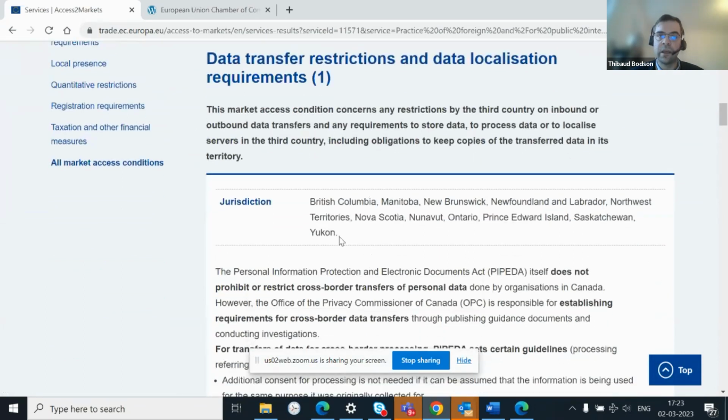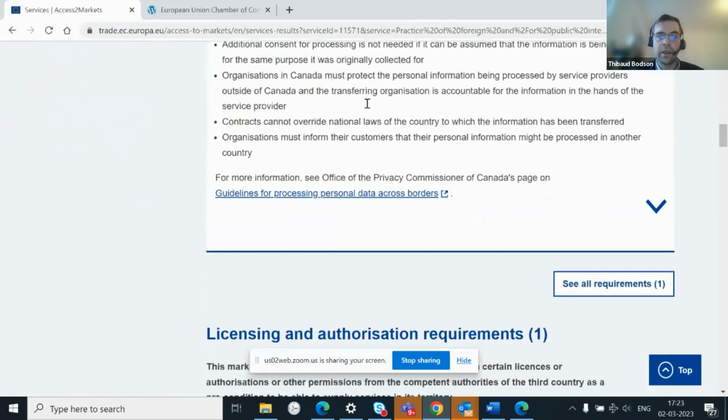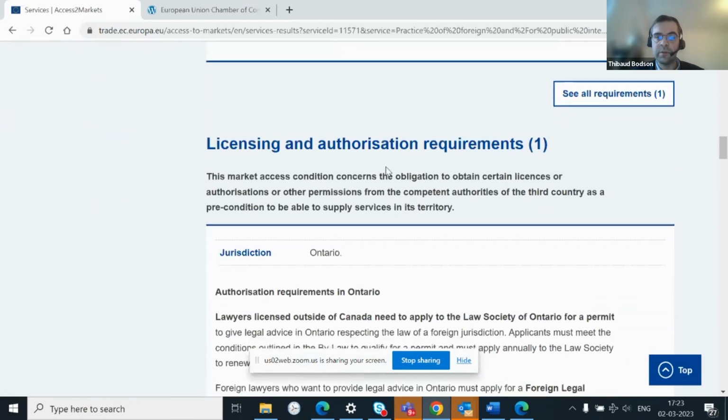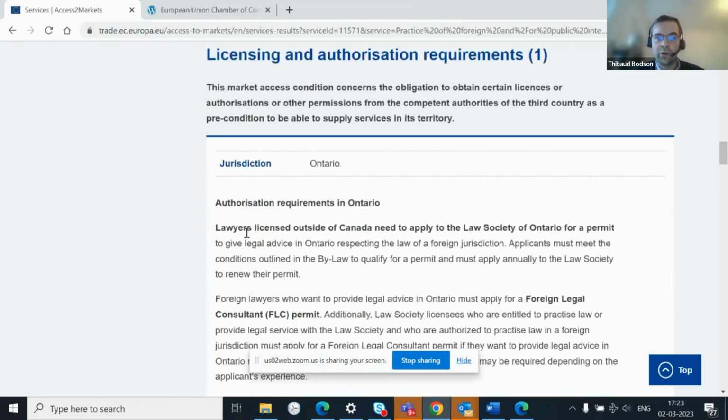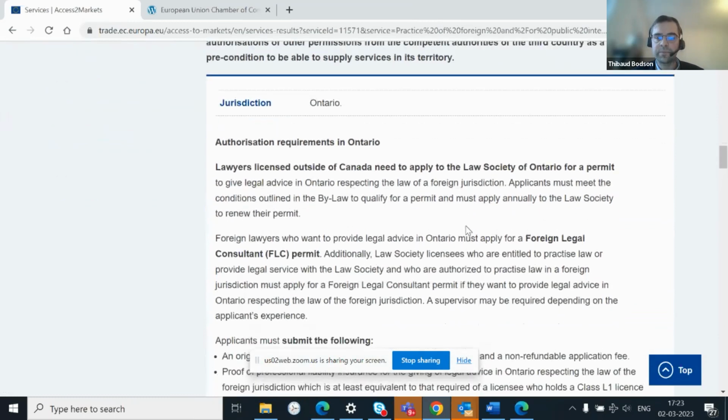You will have to fulfill conditions linked to data transfer restriction and so on and so forth. You will also have to fulfill conditions related to licensing and authorization requirements. For instance, it says that lawyers licensed outside of Canada need to apply to the Law Society of Ontario for a permit and so on and so forth. So that's the kind of very practical information that you will be able to find.